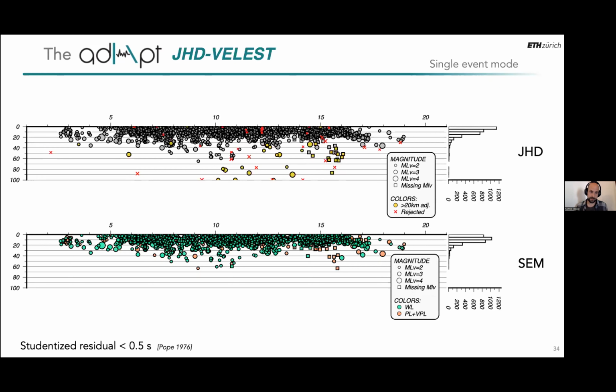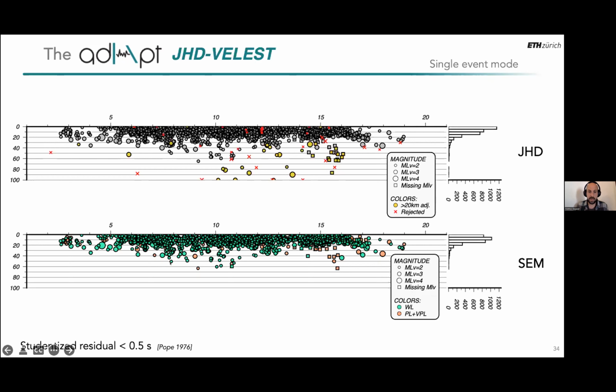For this reason, we decided to add an additional step, in the single event mode provided by the VLS software, where we iteratively locate our events in order to remove every individual observation that shows a studentized residual higher than 0.5 seconds.